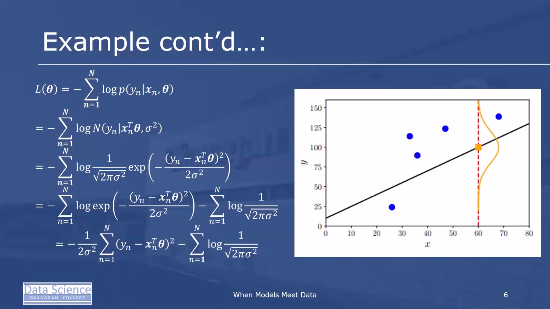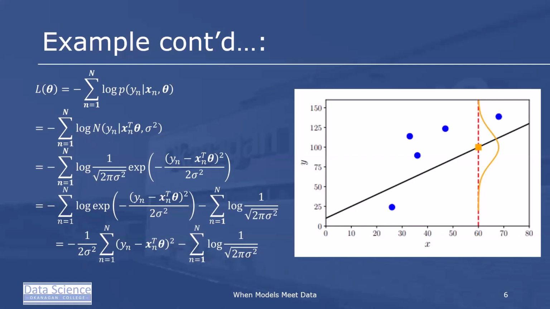Continuing our example of Gaussian likelihoods, the negative log likelihood can be rewritten as L of theta equals negative the sum of the log of the probability of yn given xn and theta, which is equal to negative the sum of the log of the normal of yn given xn transpose theta and sigma squared.